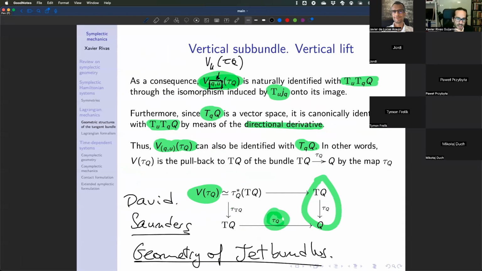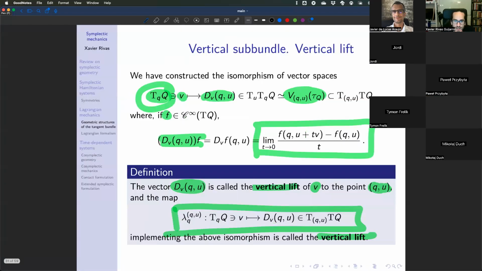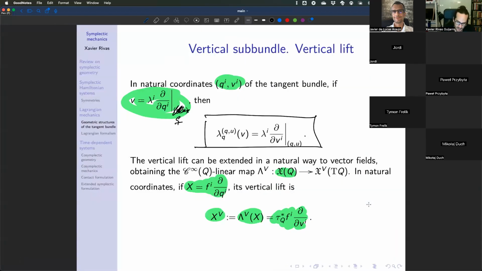We talked also about the vertical lift, and we saw that okay, we have this vertical lift, so that we can lift a vector from a tangent space at a point of Q to a tangent space to the tangent bundle of Q. And in natural coordinates, we can describe it if we pick a vector in Q at a point q, we can lift it, and then we obtain this.